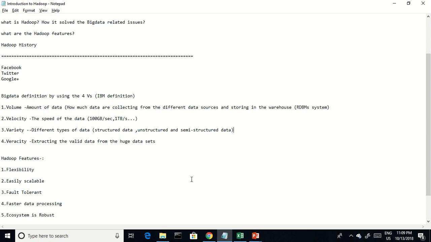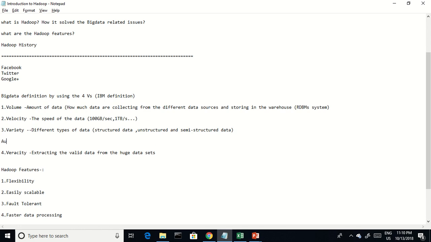And unstructured data, for example audio, video, etc., comes under unstructured data. The semi-structured data comes under things like XML files and JSON files.